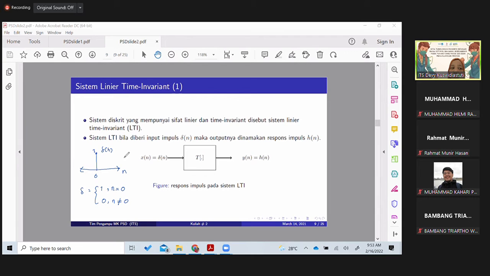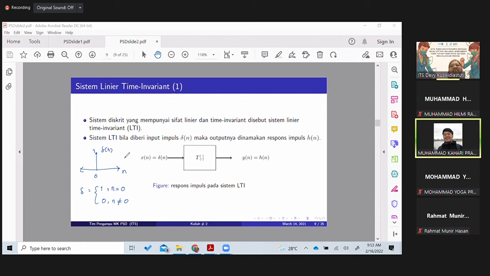So if you sum any kind of number with 0, what will you get?